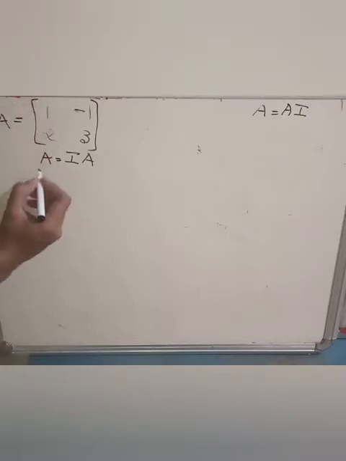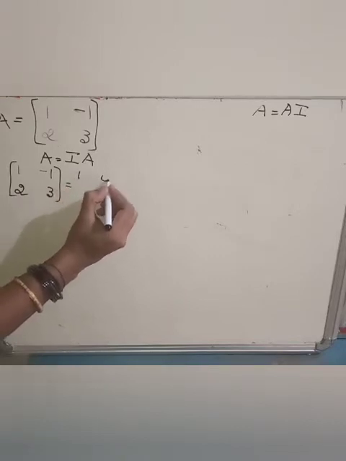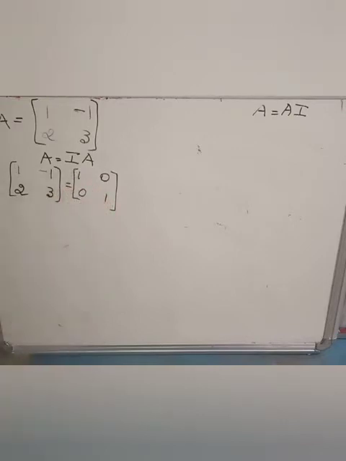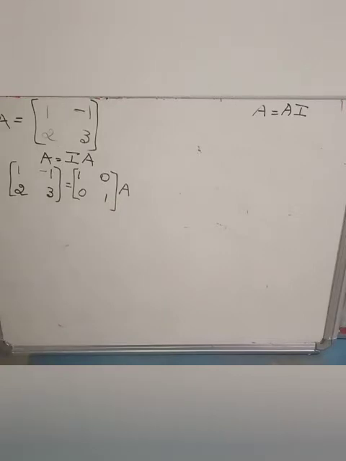What is A? A is this matrix 1 minus 1, 2 3. And the identity matrix, here we are considering a 2 by 2 matrix, therefore the identity matrix is 1 0 0 1. The next procedure is we have to reduce this matrix to the identity matrix by repeated application of elementary row operations.